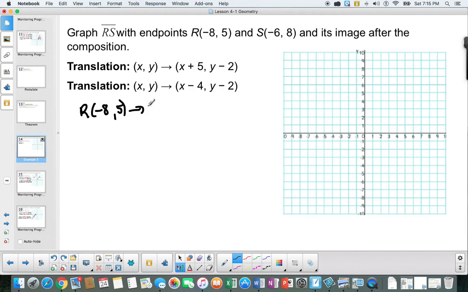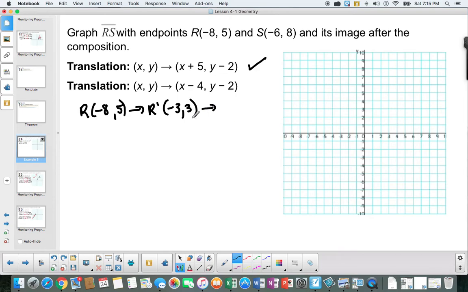This first translation will be R prime, and I'm going to add 5 to the x, and subtract 2 from the y. So that'll be negative 8 plus 5, which is negative 3, and then 5 minus 2, that'll be 3. So I've done this first translation.